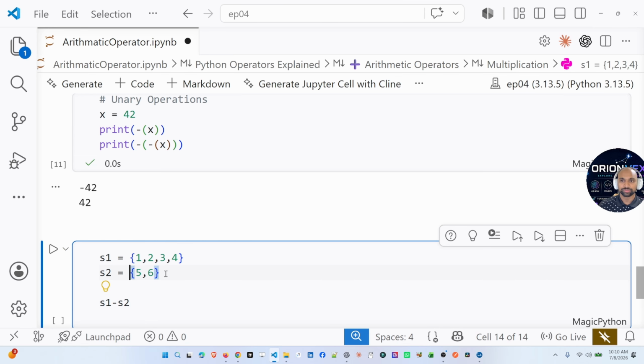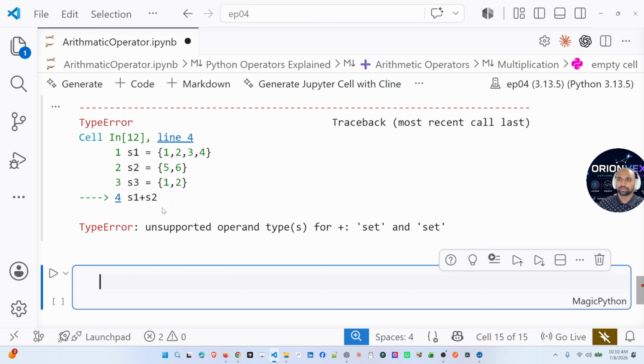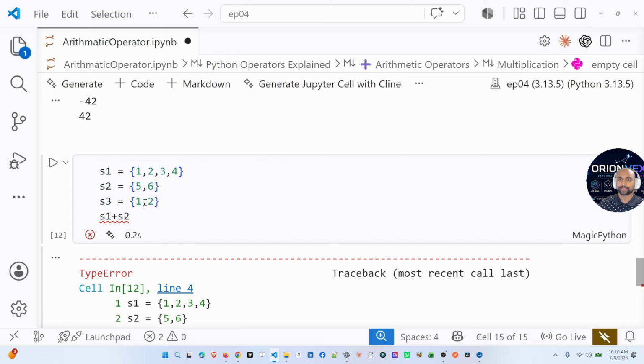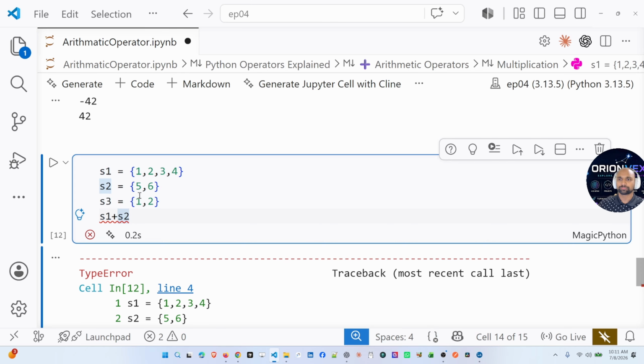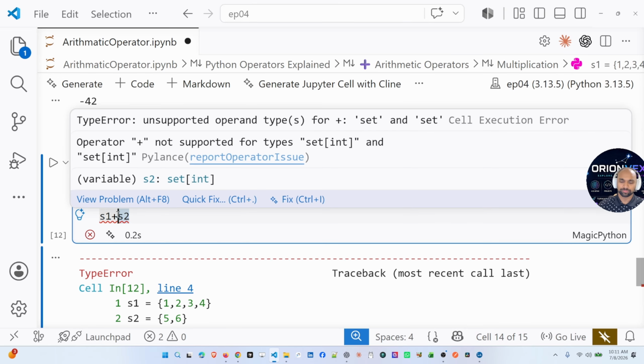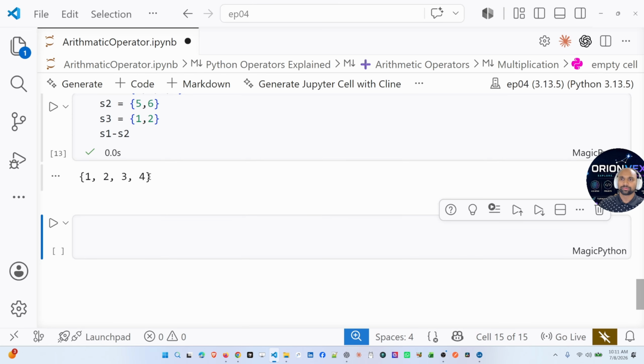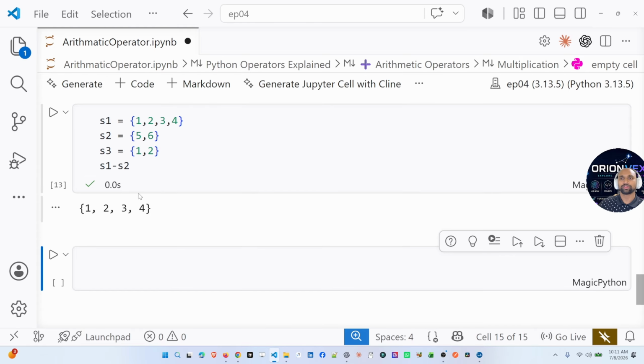Let's take s3 = {1, 2}. Let's see what is the output of set s1 minus s2.